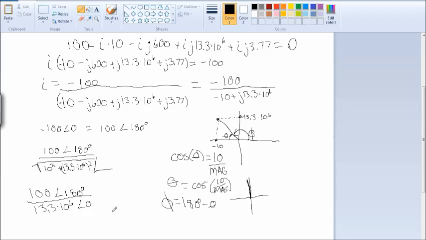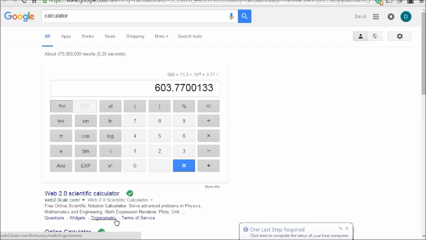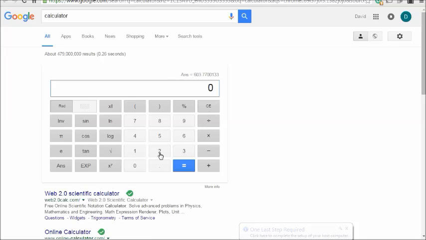So our almost final answer will be 100 divided by 13.3 times 10 to the 6th, angle 180 degrees. So let's see here. I'll just go ahead and punch that in. 100 divided by 13.3 times 10 to the 6.